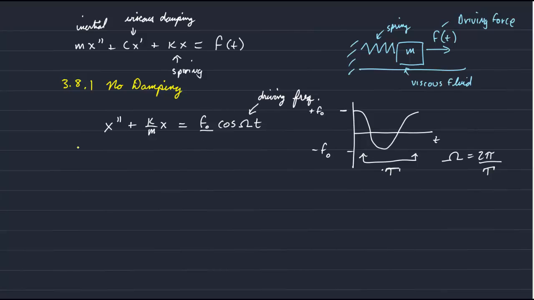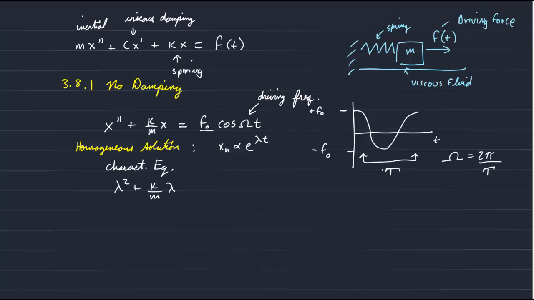But before we do that, let's look at the homogeneous solution. To find the homogeneous solution, we set the right-hand side equal to 0 again. And remember, we assume that x sub h is proportional to e to the lambda t. And with that, we get the characteristic equation, lambda squared plus k over m times lambda.